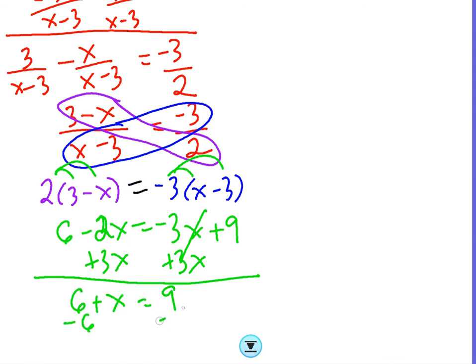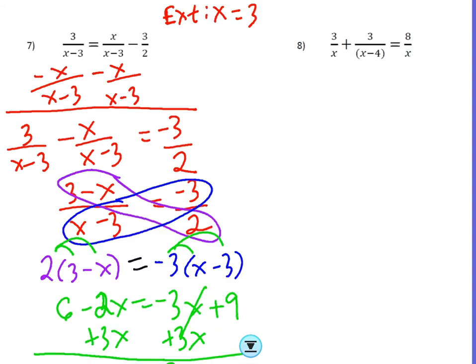Subtract 6 from each side. So x is 3. Then we go back and we see, was this one of our potential extraneous solutions? And yeah, it was.